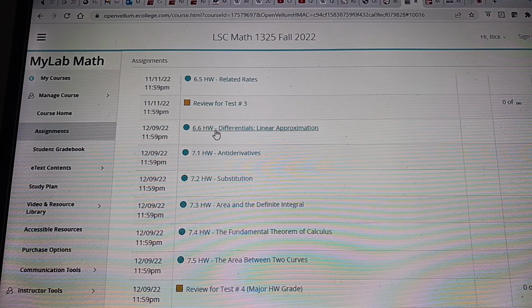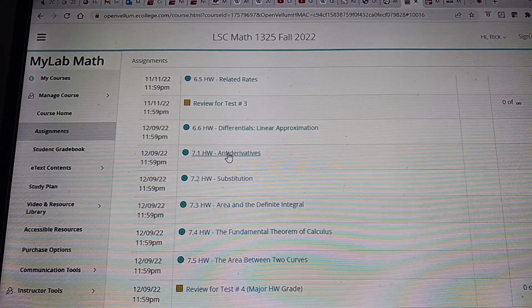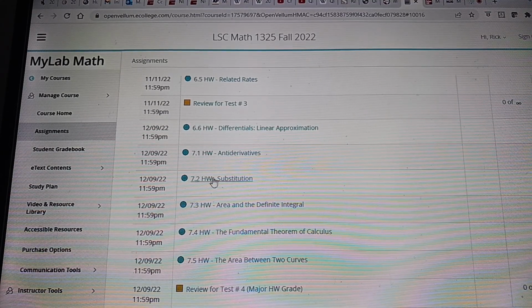Actually, I think on the calendar it says 6-6 and 7-1 for that week. And then the Thanksgiving week is officially Monday and Tuesday only, so I put 7-2 then. But I might make all 3 of these that week and just get them out to you sooner. And then I won't be bothering you during the Thanksgiving week that much. And at least you won't have to do anything over Thanksgiving.